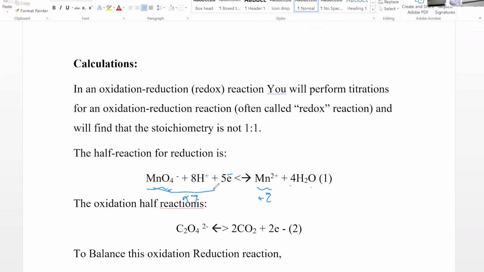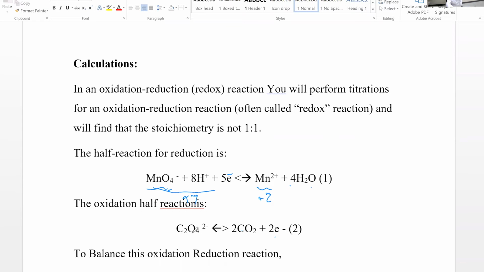Then for the half reaction of oxidation, when we have the oxalic acid going to CO2, it does require 2 electrons after you balance everything. It requires 2 electrons because you get 1 carbon here, and we have 2 carbons, so we have to add 2 CO2.